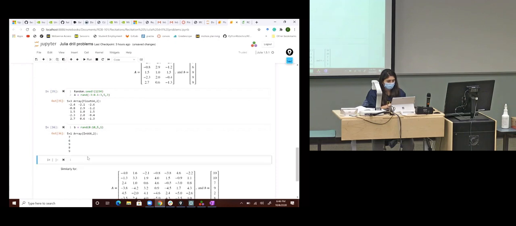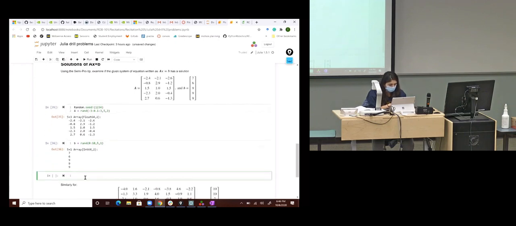And from there, I define an AE matrix to be A and concatenate the last column. So a row-wise concatenation, where you add the different column to A, and I create an AE matrix.